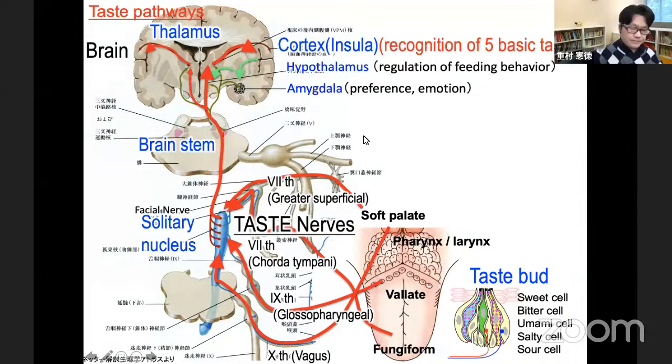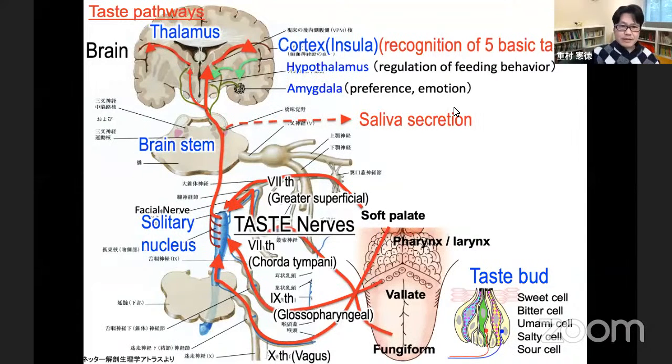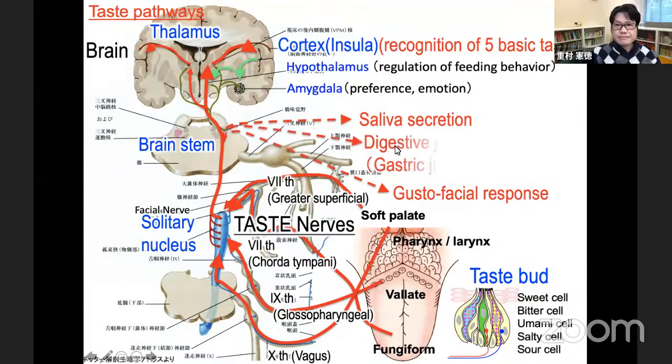In addition, at the level of the brainstem, the taste information induces reflexes such as saliva secretion, gustofacial response, and digestive juice secretion.